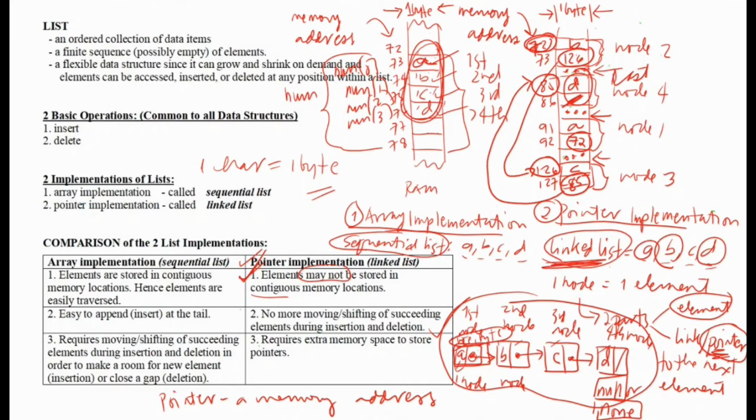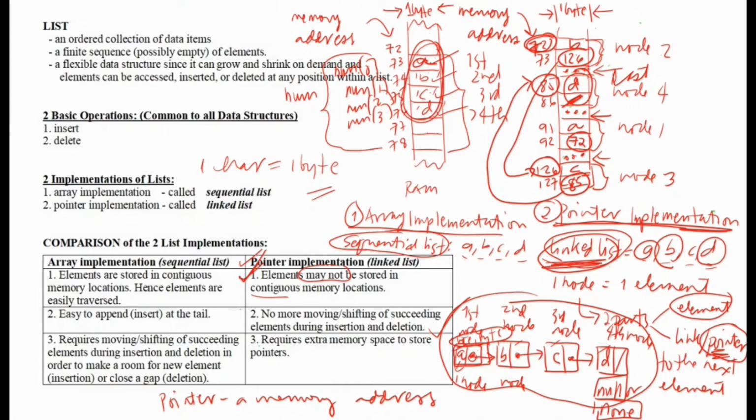And after letter C, the fourth element in the list is letter D, which is found at memory location 85. So in a linked list, or in the pointer implementation for a list, the elements may be randomly stored in the RAM. They are not necessarily contiguous, just like in the sequential list or in the array implementation.